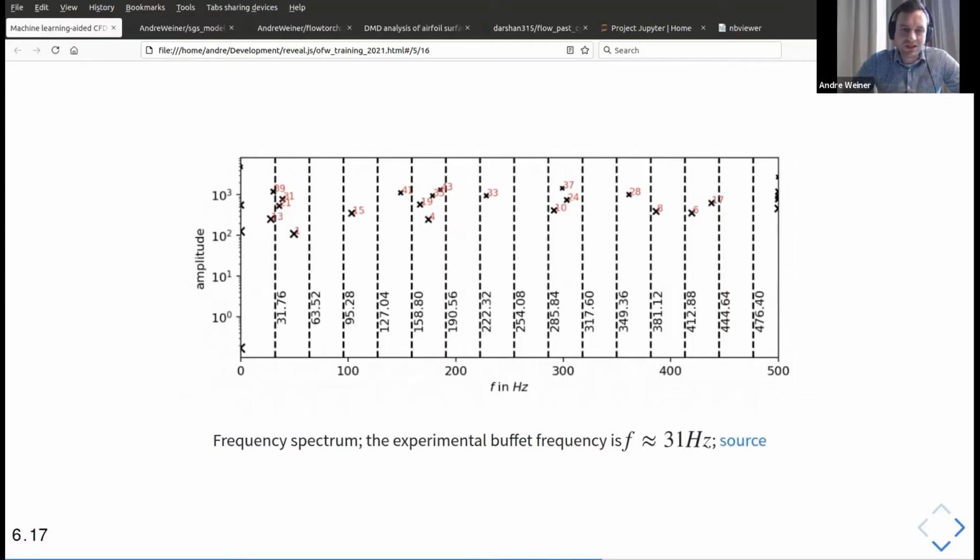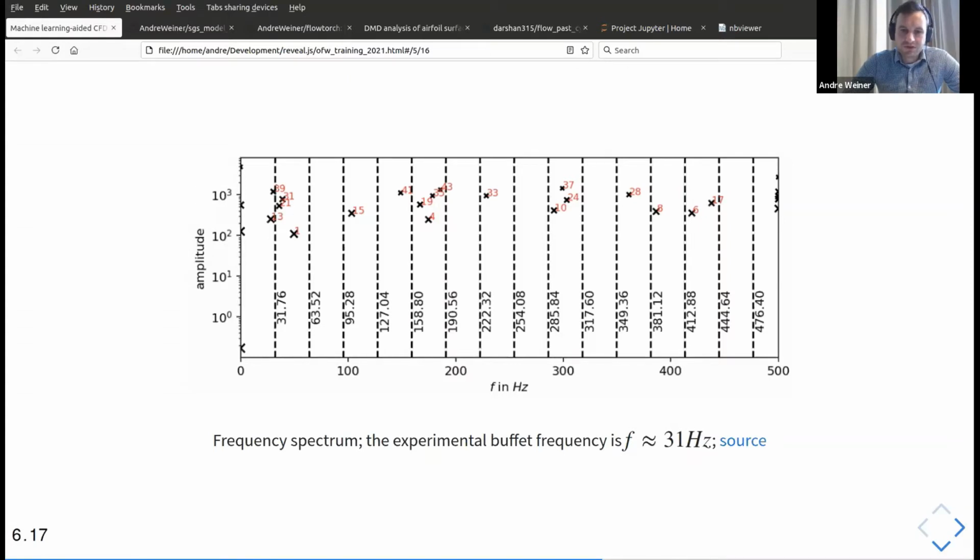So here's the example of the surface data of our buffeting flow. What I've done here is plot the amplitudes of the individual modes over the associated frequencies. I should also mention that the markers are scaled with the mode's magnitude, so if a marker is larger, then the mode contains more variance.